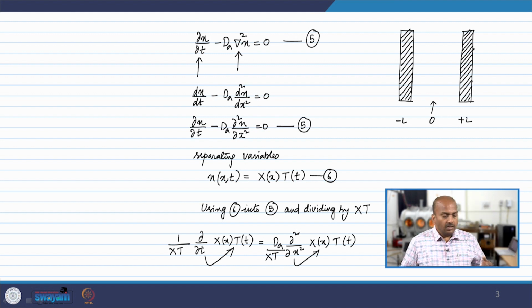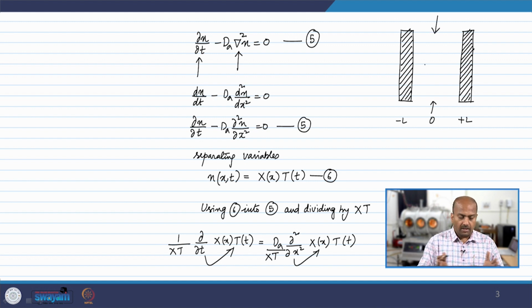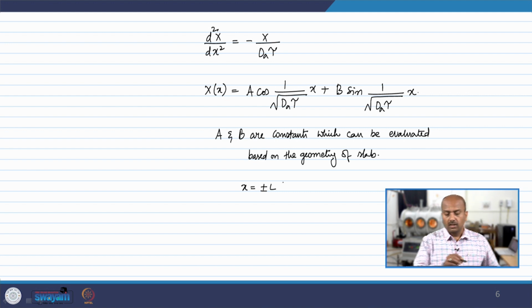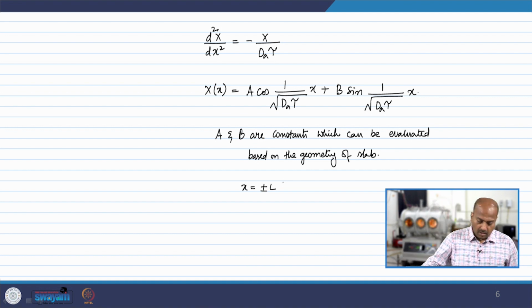Now, the density of plasma is maximum between the walls. So, here the density is maximum, and it decreases as you go towards the walls, right. So, the distance x can be between plus L and minus L. So, minus L to L is the total distance, right.